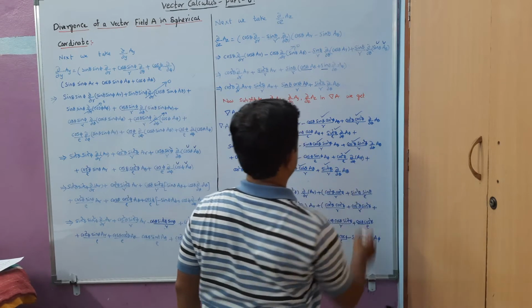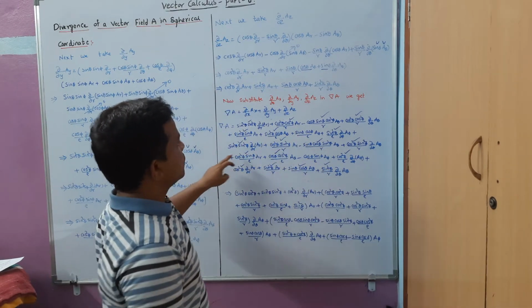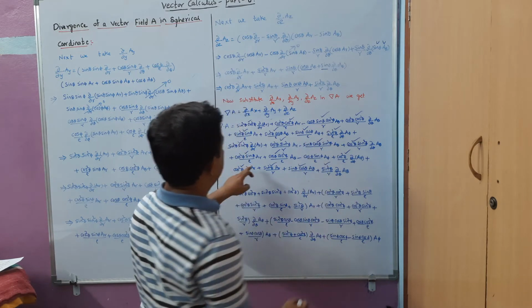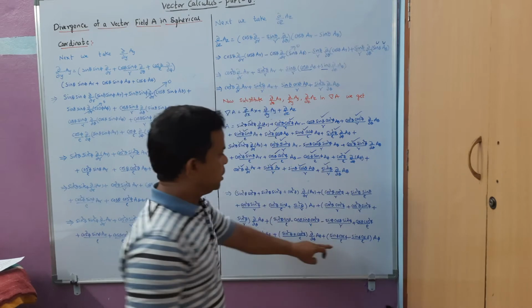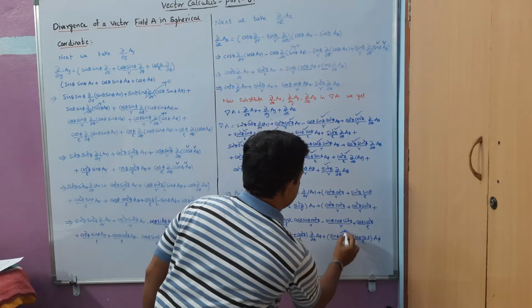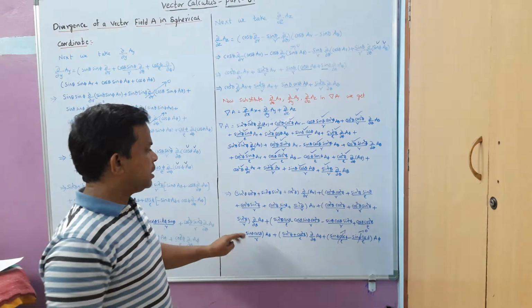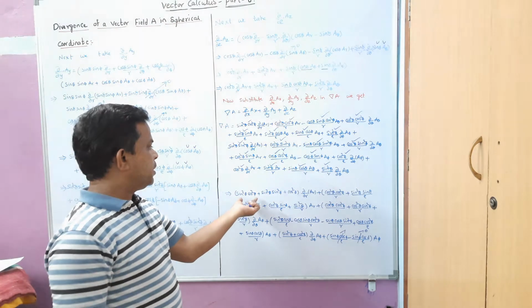Finally, a phi terms, you can see here we have one term sin phi cos phi by rho, and another term minus sin phi cos phi by rho. So these two are going to cancel; this one and this one will give me result 0. Okay, so all the terms we got, and next we have to apply this.